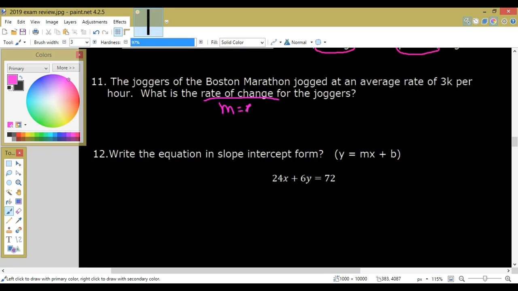That's M. The average rate is 3K per hour. So our rate of change is 3 kilometers per hour. 3 kph. That's it.